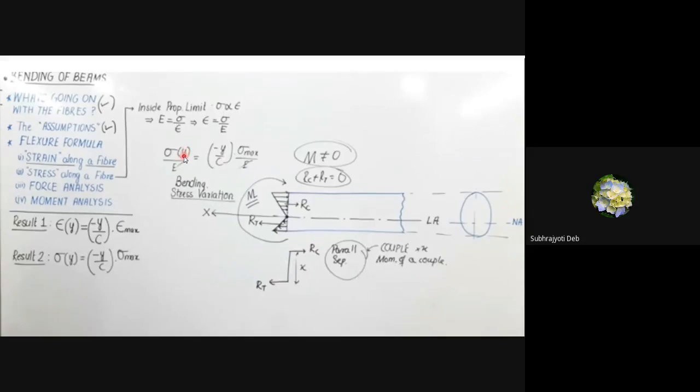So sigma y by E is equal to minus y by c sigma max by E. So E and E will be cancelled out. So what will remain? Sigma y equal to minus y by c sigma max. Just this equation number 1 is for strain, and in this equation it is for stress. We are just converting this strain into stress. That's all.